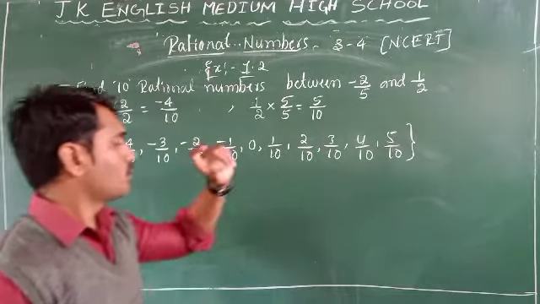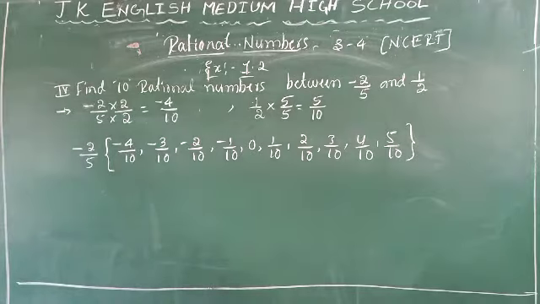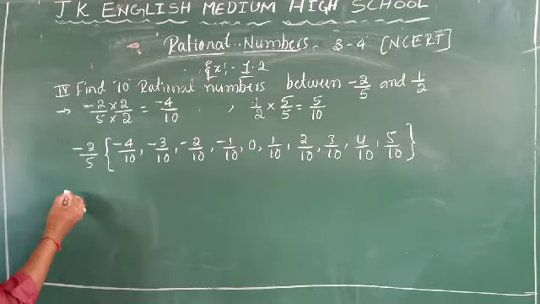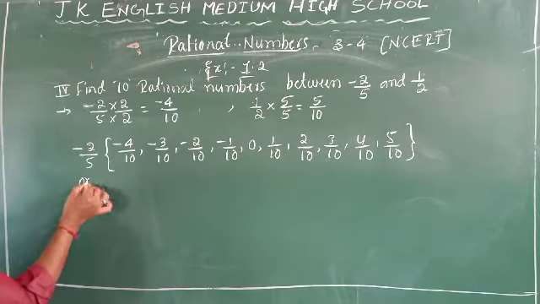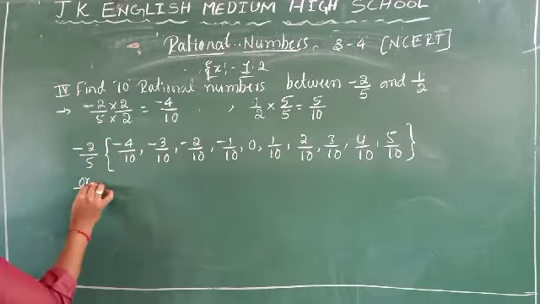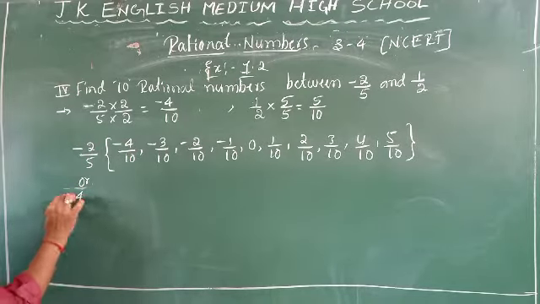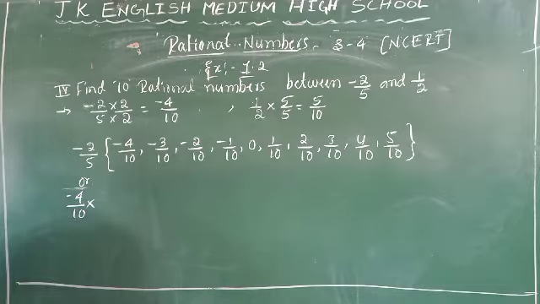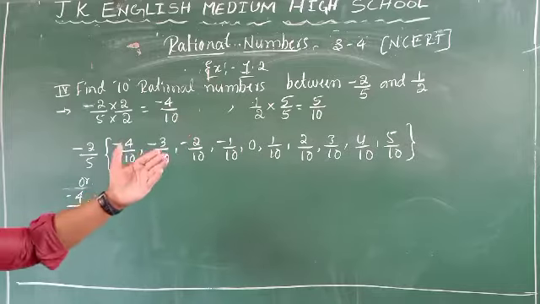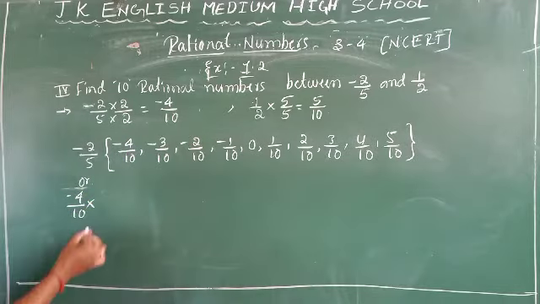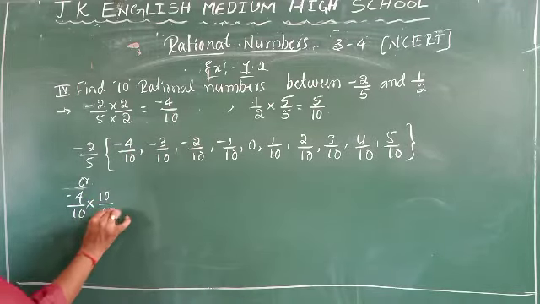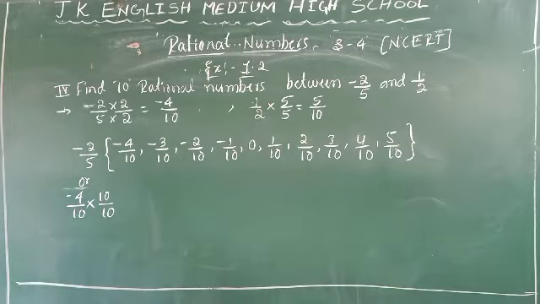Clear? So if you want to write still more, or the same numbers, you take minus 4 by 10 and multiply. You need 10 rational numbers, otherwise 10 rational numbers are there. But we will multiply 10 divided by 10.